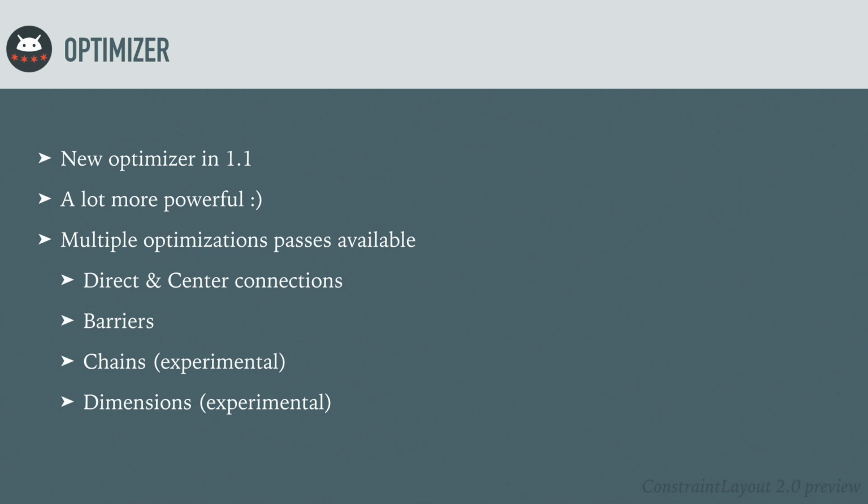We did have an optimizer in 1.0, but that was a much simpler version of that one. What we can do is we try to resolve as much as we can before running into the linear equation solver, because the linear equation solver, not surprisingly, is not the cheapest one to execute.